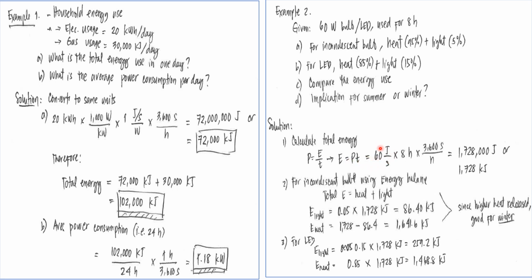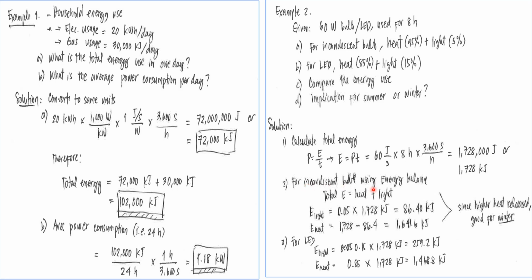So we have a power of 60 watts, or 60 joules per second, times the time of 8 hours, which we can convert into seconds: 3,600 seconds per hour. Multiply all, cancel hour, cancel second, so what remains is joules. It's 1,728,000 joules, or 1,728 kilojoules as a conversion. This is the total energy for that light source.